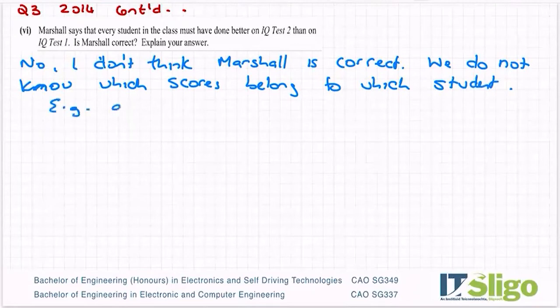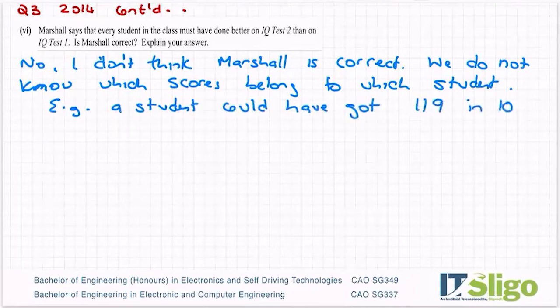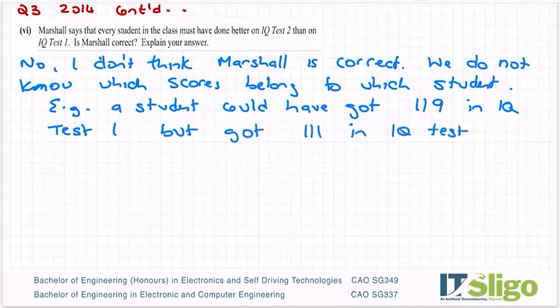So something like a student could have got 119 in IQ test 1, but got 111 in IQ test 2, something like that. But what we can say is that on average, the students did better in IQ test 2.